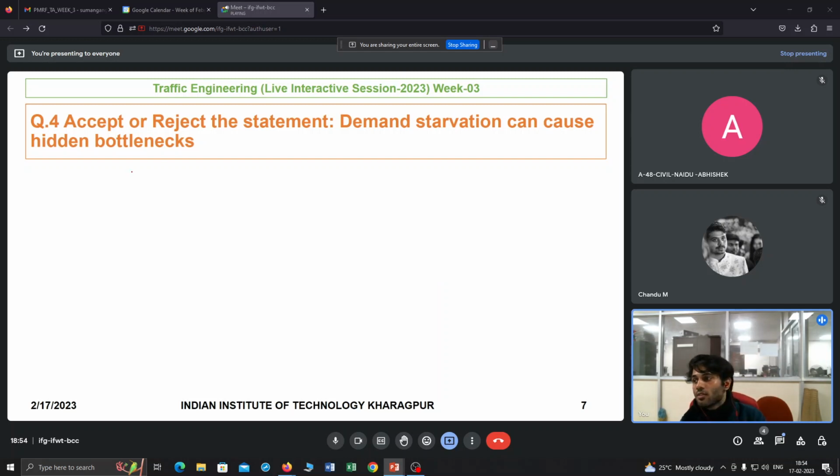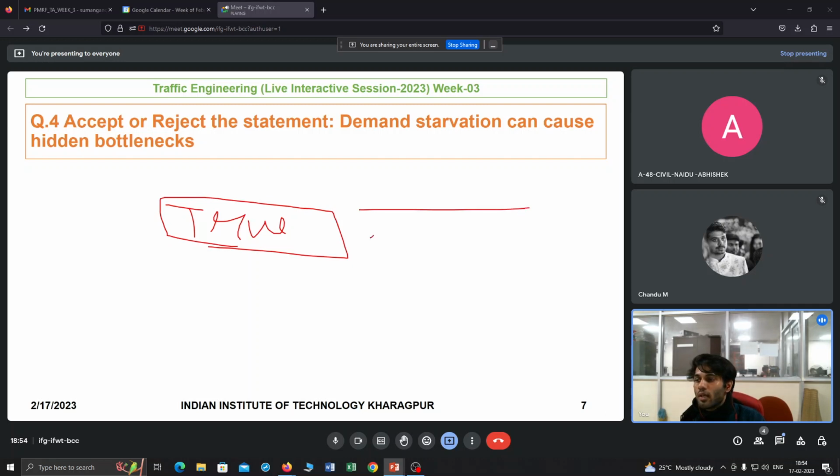So here the answer will be true. You can refer to the PPT where there is an example like this with an on-ramp and off-ramp. There were certain volumes like 2800 and then 700 and something. If you remember, section 3 will have less capacity due to this.